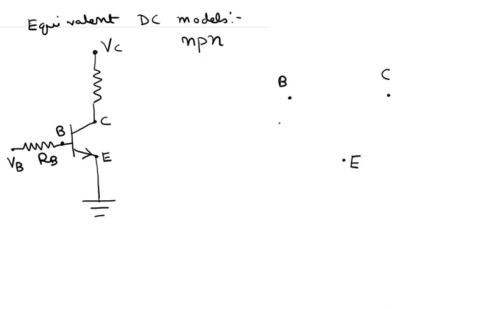Of course, if the transistor is operating in the forward active mode, the base to emitter junction is mainly a diode. So we put a diode here, and here into the base a current of magnitude IB is flowing.